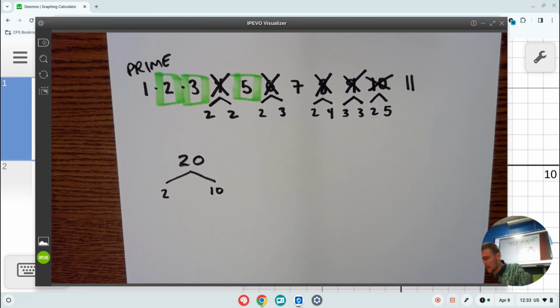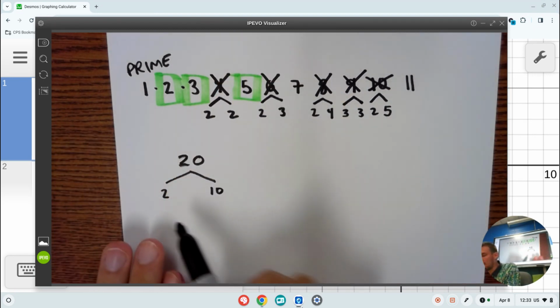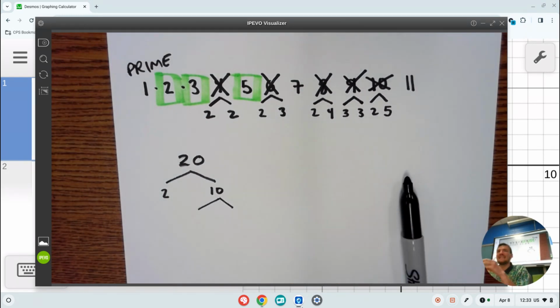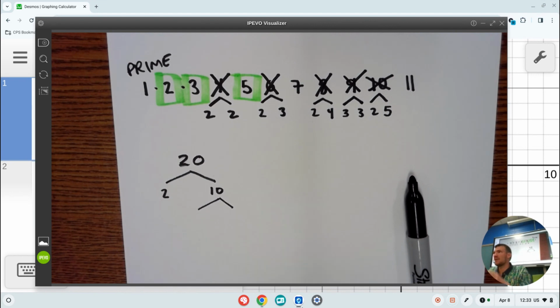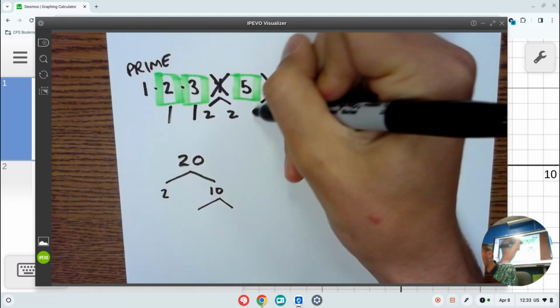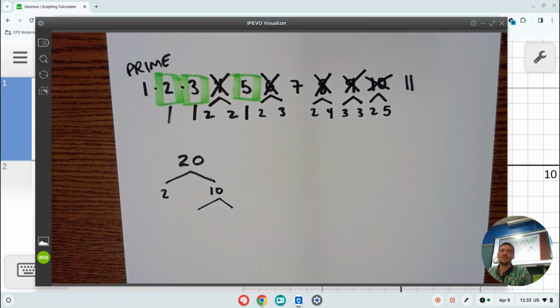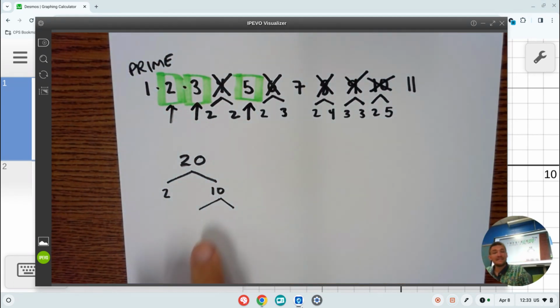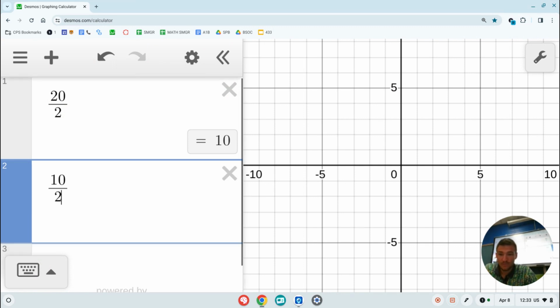And then I'm going to move on and I'm going to start working on this 10. My goal is to keep breaking everything down into little crumbles until the only thing left is 2 or 3 or 5. Those are the numbers I want to find. These are supposed to be arrows, not ones. So 10. Does 10 divide by 2? Yes, 10 divides by 2. It is 5.